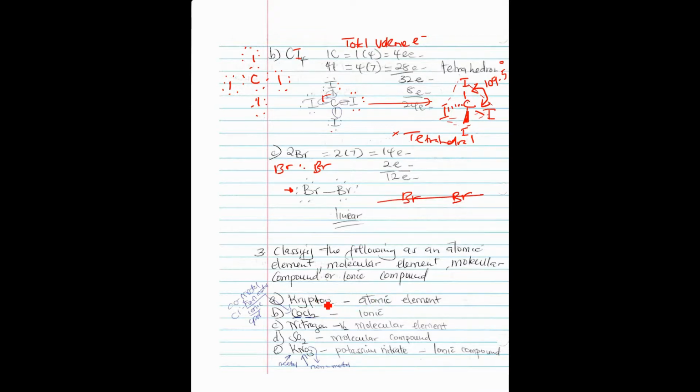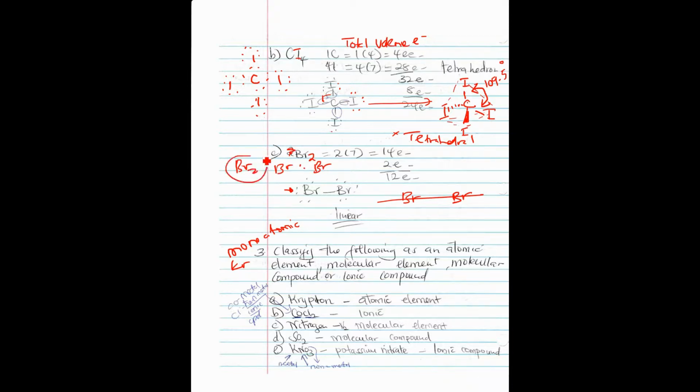Krypton is an element of the periodic table, and krypton belongs to group 8 elements which are monoatomic, so they don't pair up. One Kr does not combine with another Kr like you did here in Br2. Okay, so this should be Br2.